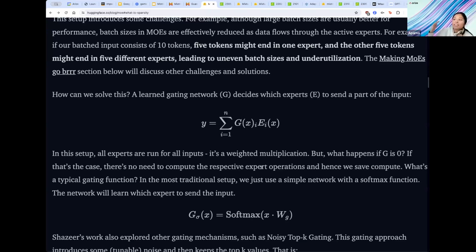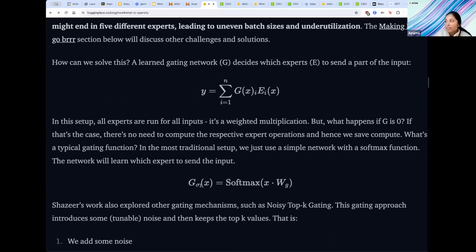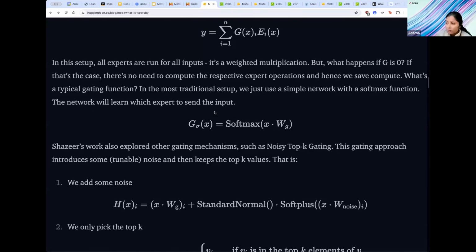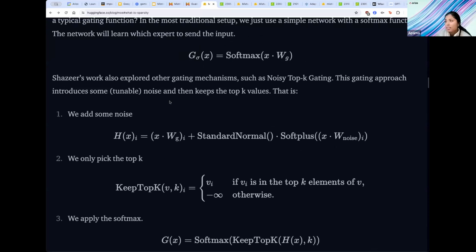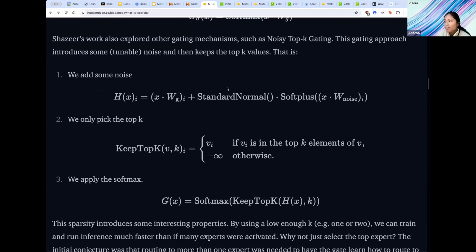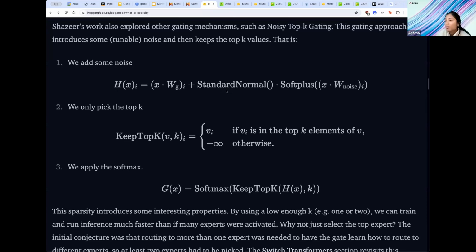In this example, they just did something like a simple softmax, to explain it. That is the gating function, then the experts themselves. This is where they're doing the top K, because we don't want just a single expert here.